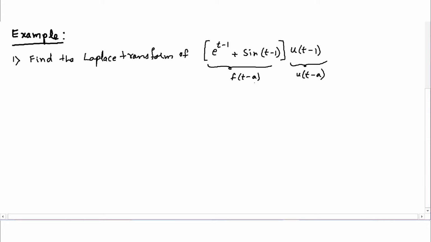If you observe what should be the value of a, here it's t minus 1, so the value of a is 1. Here also you can observe that the value of a is 1.